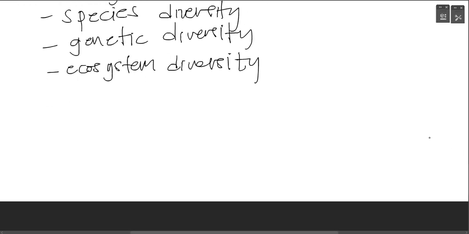Okay, so ecosystem diversity. If we recall, you have learned about ecosystem diversity in lower grades. You will know more about genetic diversity in grade 9, of course.